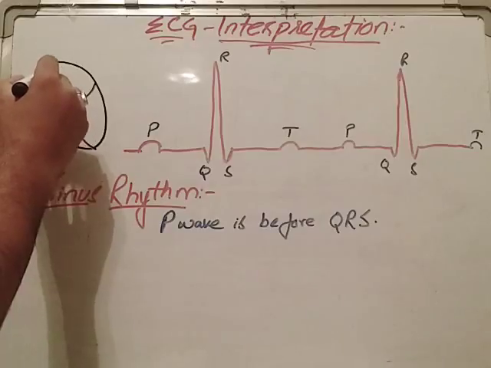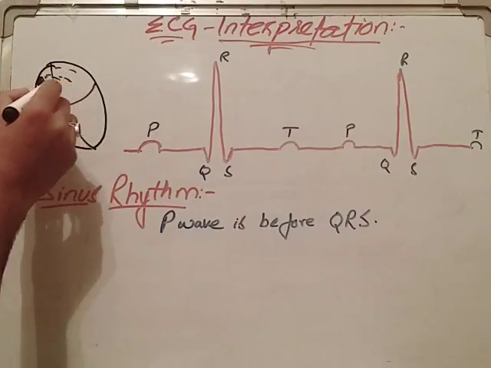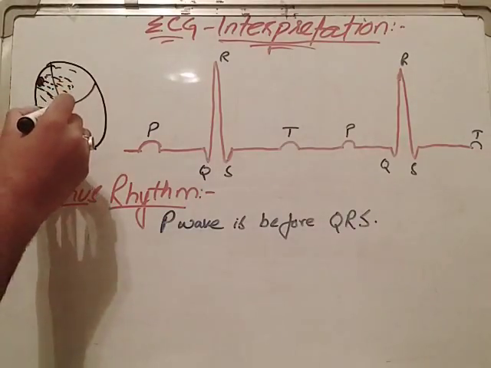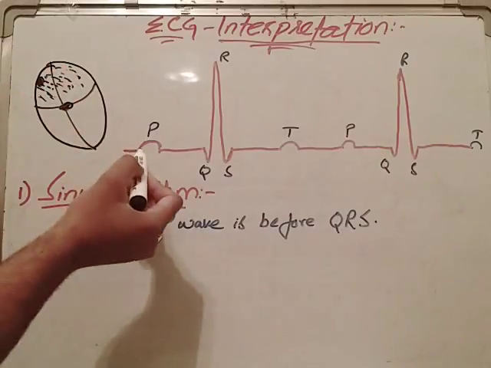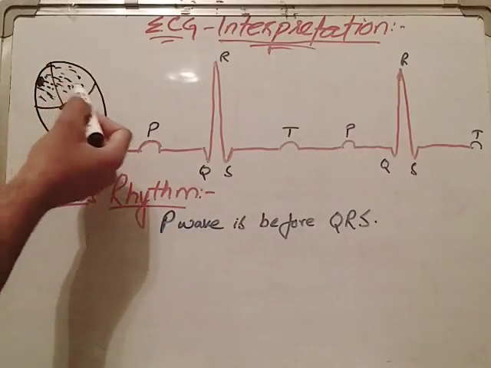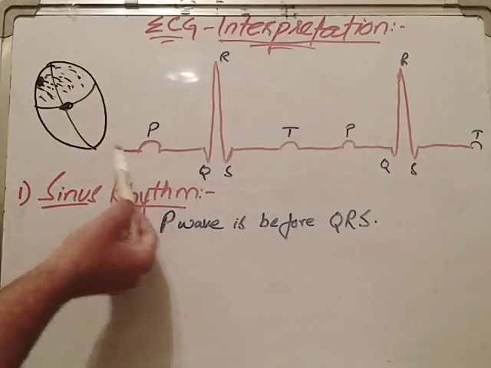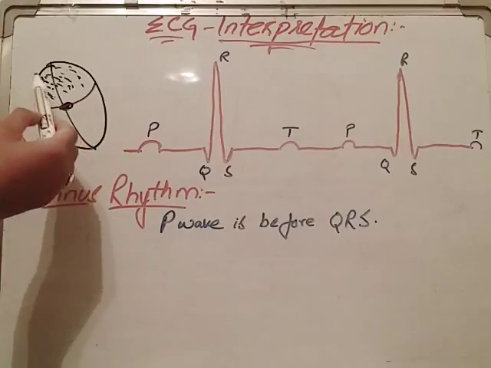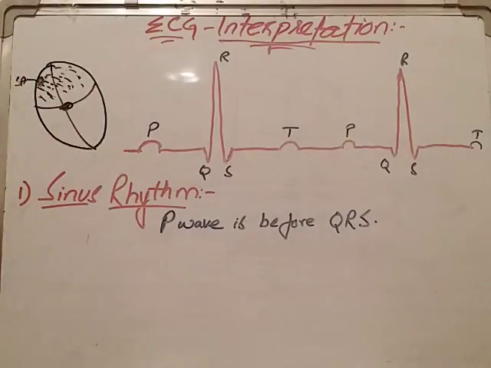The SA node is generating impulses and depolarizing the atria and further down to the ventricles. So the atria contract, representing the right and left atrium. So P is before QRS. This means that the generated impulses are coming from the SA node. So it would be P wave, or sinus rhythm.